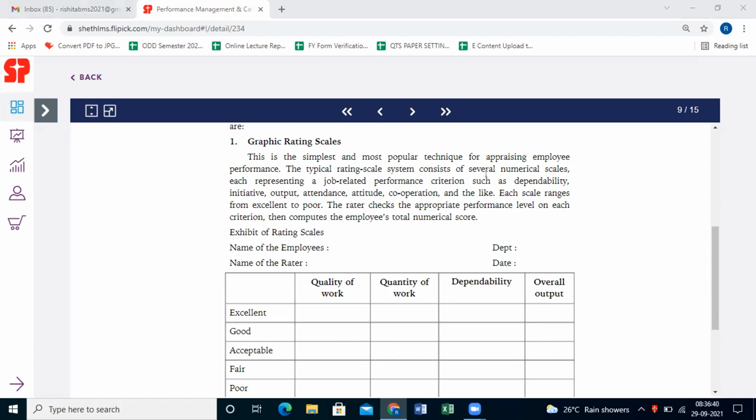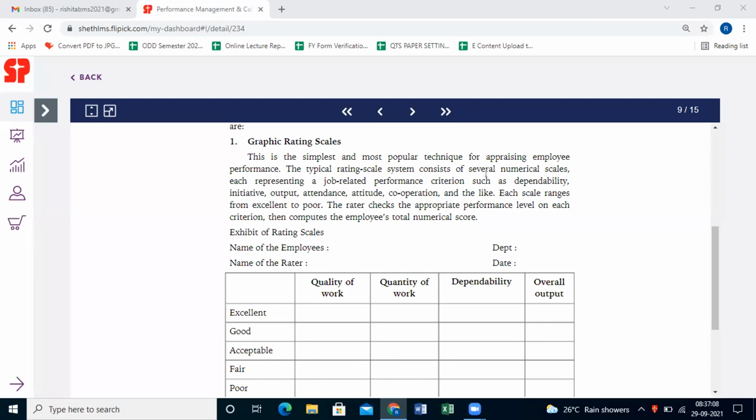Excellent, good, acceptable, fair, poor. And accordingly you start rating the employee. Over here in graphic rating scales, you are keeping numerical scales on the basis of job related performance criteria like output, attendance, attitude of the employee, his or her cooperativeness.